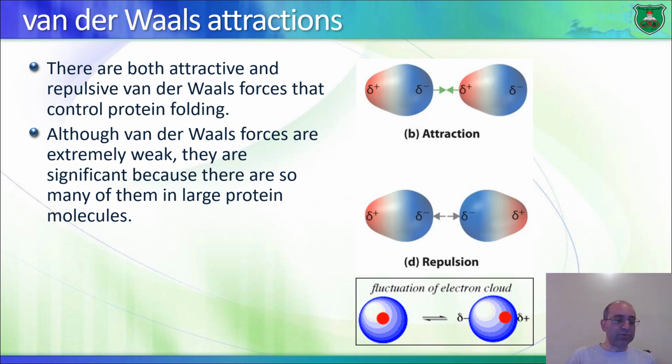So it's the same story of this father who gathered his 7 sons, and he gave each one of them a stick, and he asked them to break it, so each one broke his own stick. But then when he grouped all the sticks together and asked them to break them again, they couldn't. So having a lot of van der Waals interactions is really important in determining protein structure.